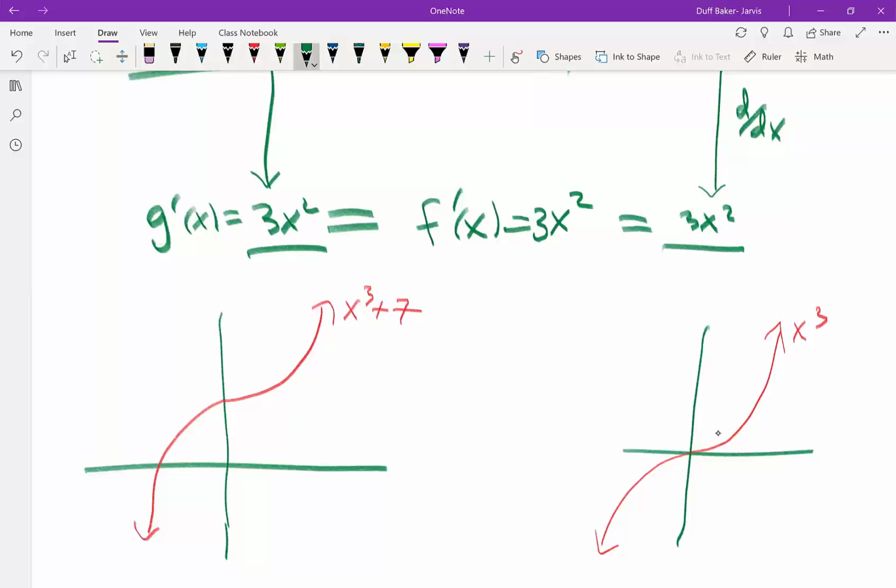Because if you choose any particular x value on both of them, then shifting it up or down doesn't really change the tangent line. They should have the same slope even if it was shifted up or down. So shifting a graph up or down doesn't change its derivative, is the point.